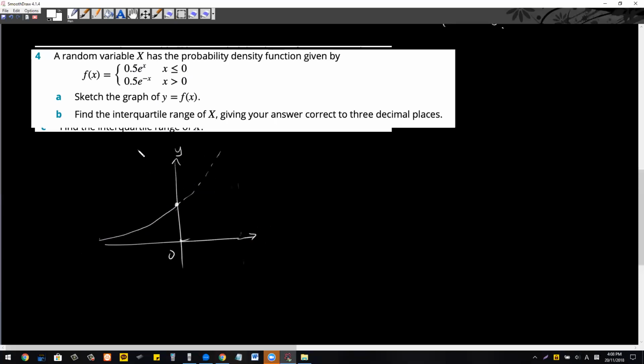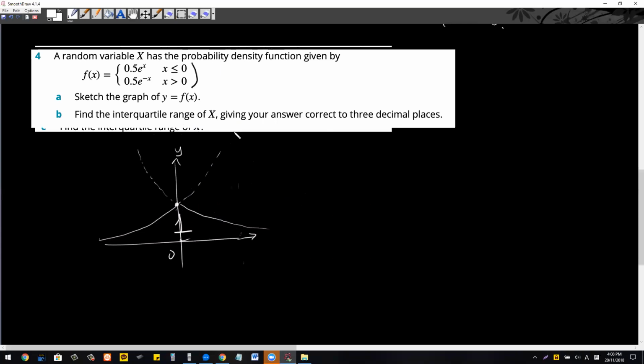So it would look like this, but then we only take the right-hand side of it. They are saying that this one has area of 1 because it is a probability density function. We don't have to prove that. They already say that this is a probability density function, so we just have to trust it.